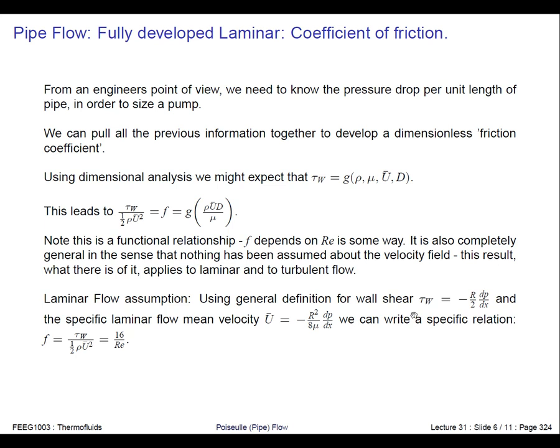So this allows us to say that I can work out that dP by dx is a function of the velocity, the radius and the viscosity, and I can substitute my expression for dP by dx into here, and work out what F, my non-dimensional wall shear, is in terms of Reynolds number for a laminar flow, and it ends up being this expression here.